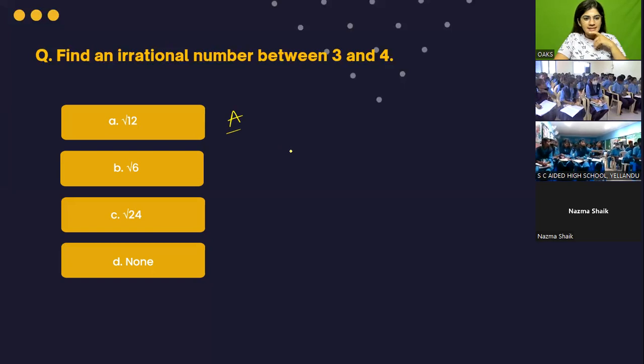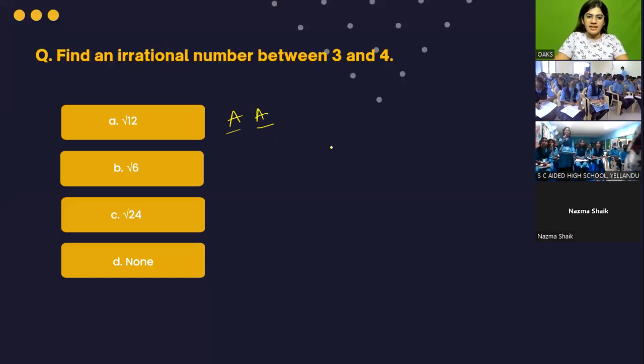School 2, anyone can answer. We have 3 and 4. We have to find an irrational number between them. You can answer combined. You can answer on the mic. Okay, you are also saying A, right?